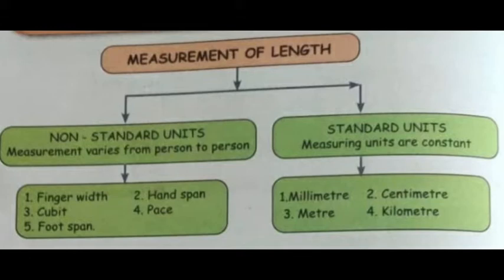You will ask me how. So it depends on the length of their hands. Different persons have different lengths of hands. So the sizes of their hands may vary. So the length of the objects may vary.